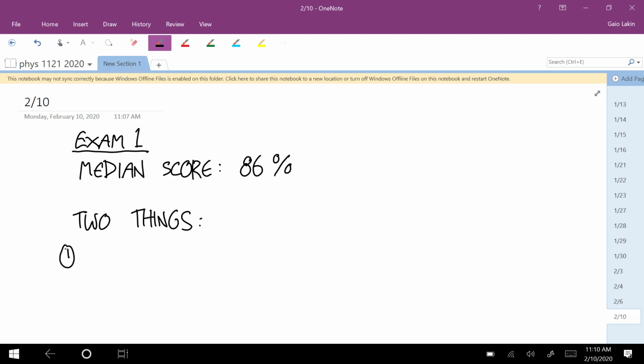The first one is, points wise, this doesn't cause any problems, even if you got a zero on this, which nobody got a zero. But if you got a zero on this, points wise, you're still perfectly fine. So you don't have any problem with points yet.